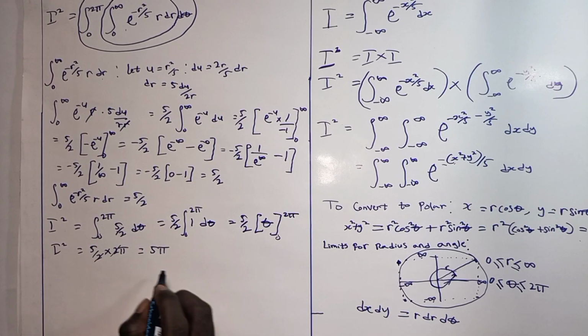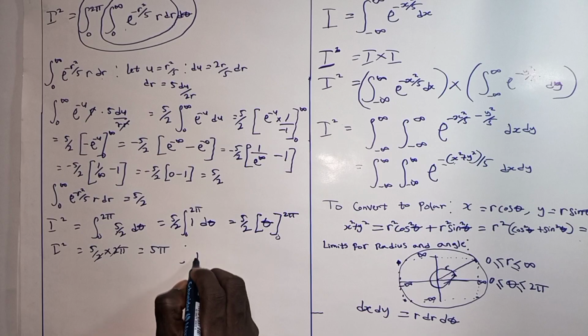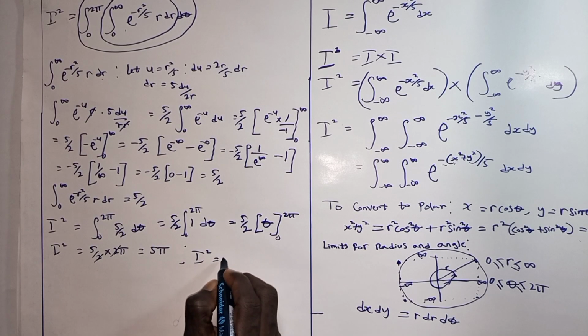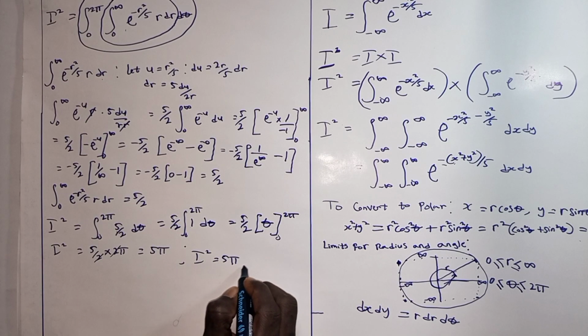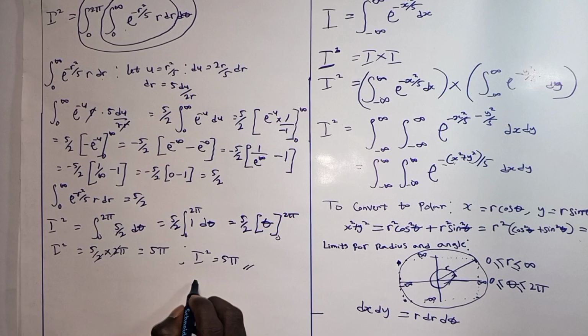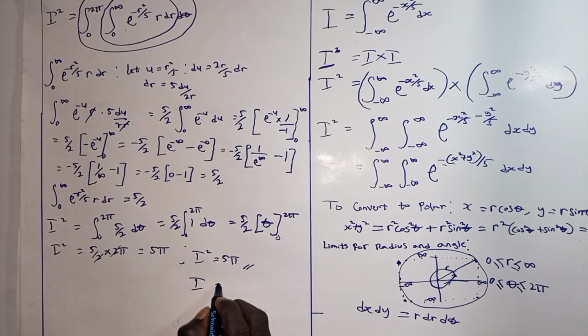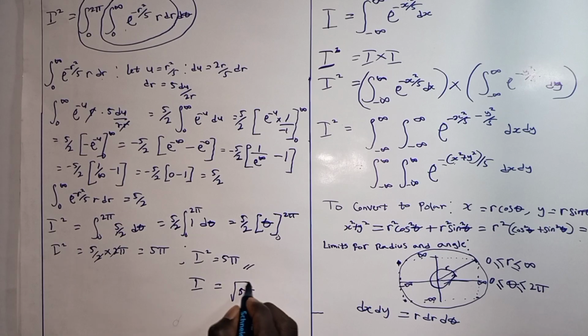So now I square is 5 pi. Got it. Then I now will be taking the square root of 5 pi. So finally our I is the square root of 5 pi.